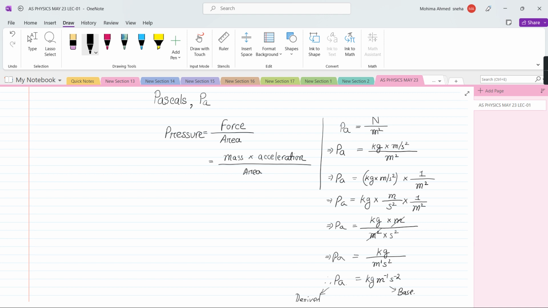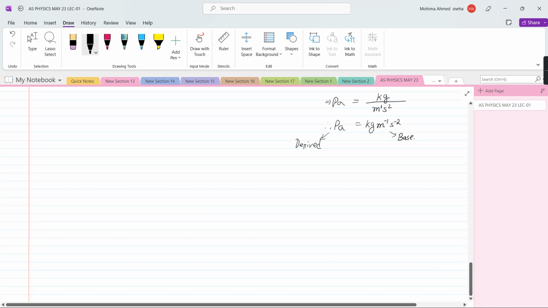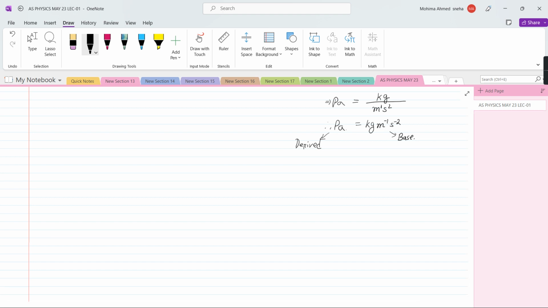Okay, so let me just continue my working. I was trying to do a similar kind of working for power now, the thing I actually started with. The equation for power is work done by time, or energy by time. You can write either of it.